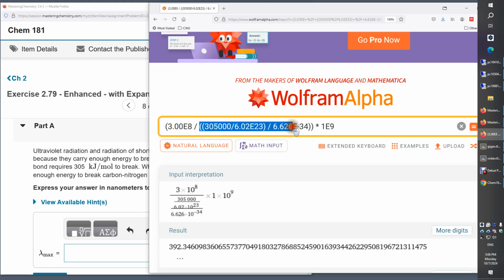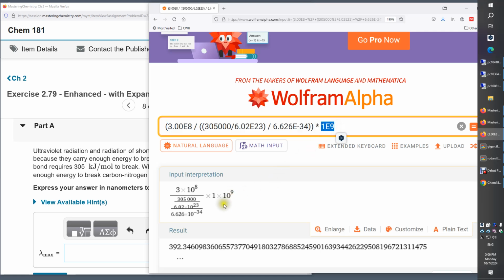And then over here, the energy of the photon divided by the Planck constant, I got the frequency. So what's highlighted is the frequency in the SI unit. Now the speed of light divided by the frequency, we get the wavelength in meters. Finally, I convert meters to nanometers. So it's going to be 392 nanometers.